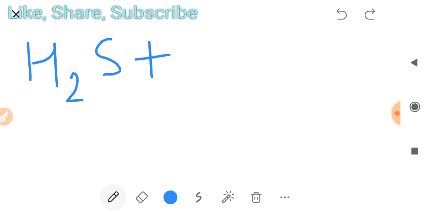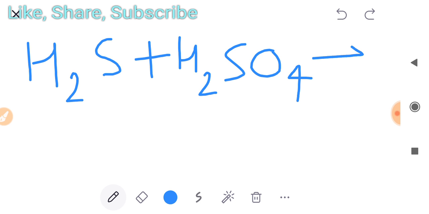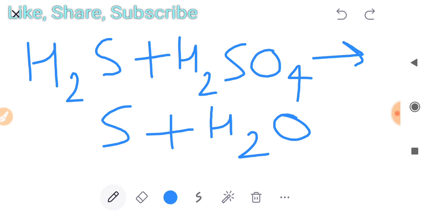Another example: hydrogen sulfide plus H2SO4 gives S plus H2O. This is an important reaction; I have seen it asked in an exam also. In this reaction, what has happened, can you elaborate?